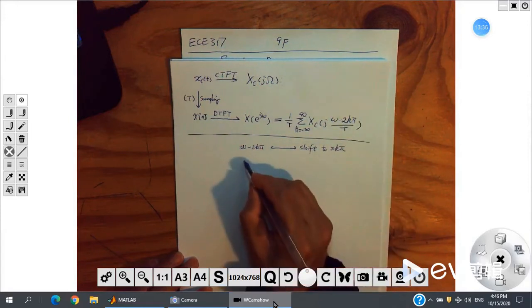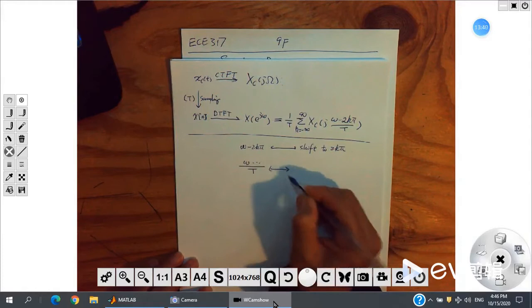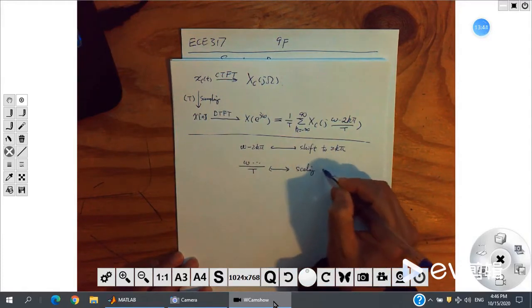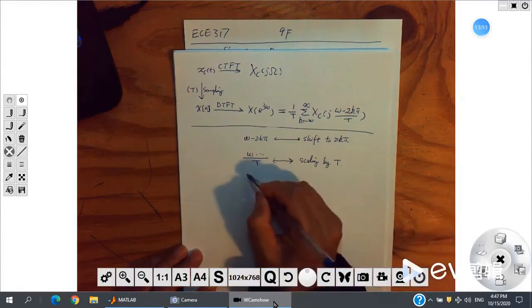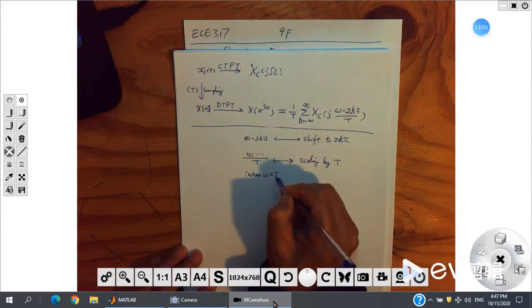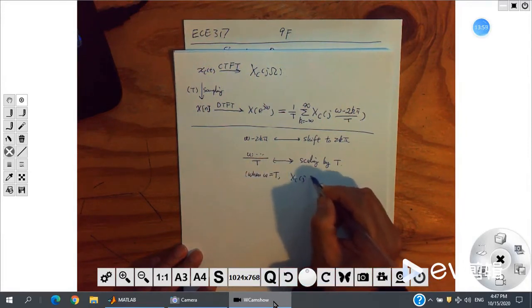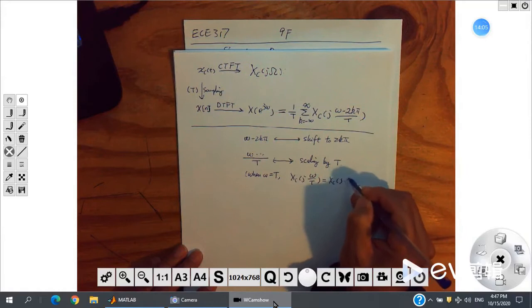And omega over T, this is a scaling by T. When omega equals T, xc of j omega over T equals xc of j times 1.